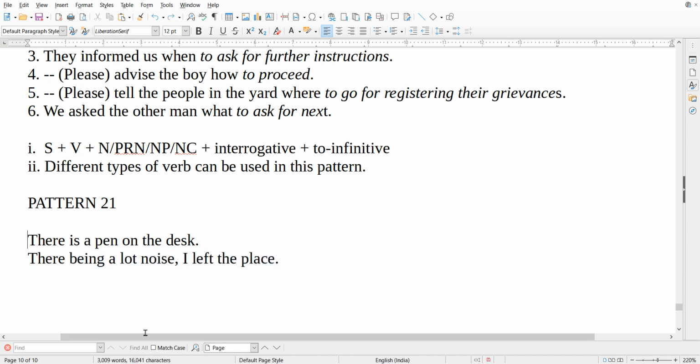So, there's a pen on the desk. There's a hotel near the station. There is a resort near the beach, for example. There is a stand beside the bed.